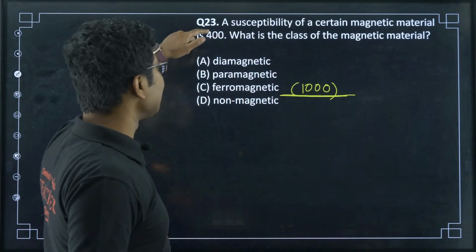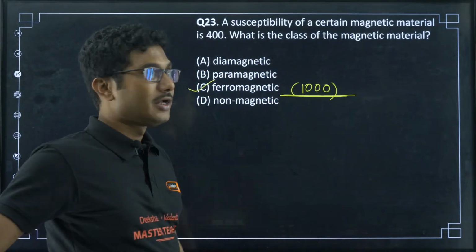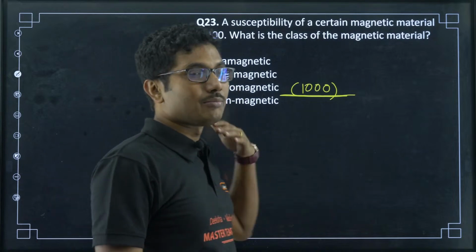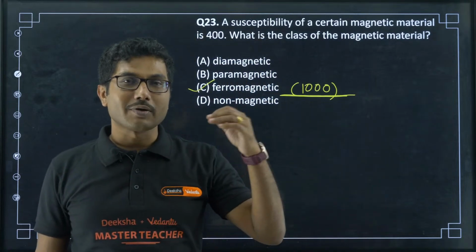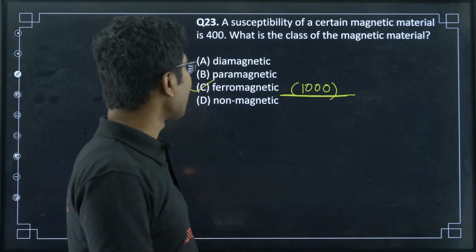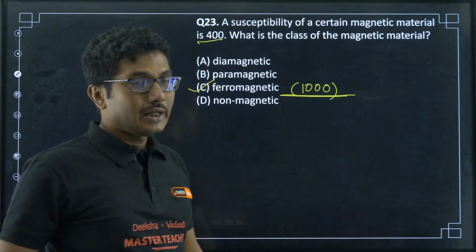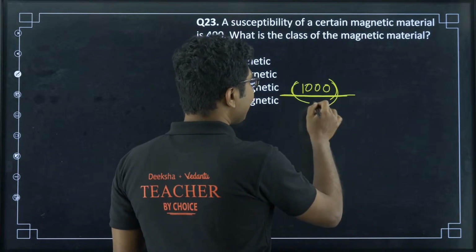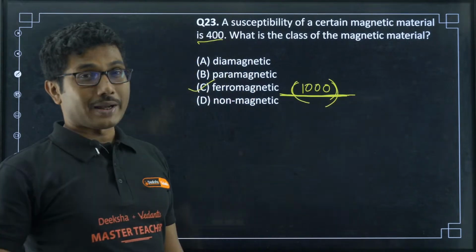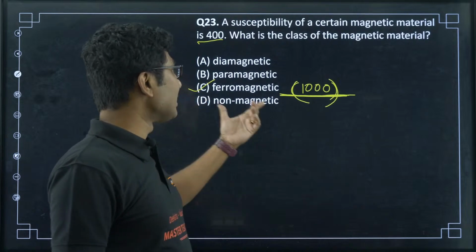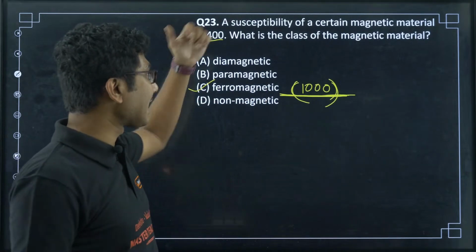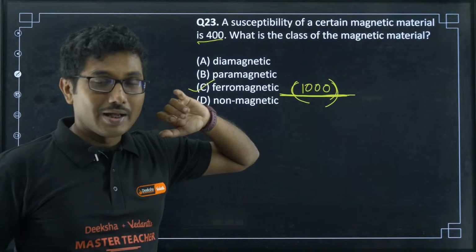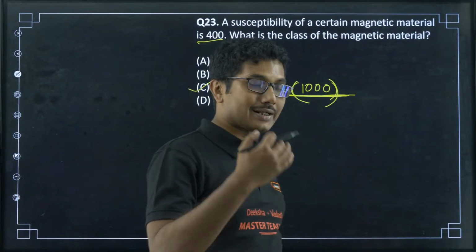In my opinion, this will be a ferromagnetic substance, because paramagnetic cannot have more than 10. The limit for paramagnetic is 10. It cannot have a value of 400. Some students quote that because the limit given for ferromagnetic is more than 1000, this must be a paramagnetic substance, but it is not actually paramagnetic either, because the limit for paramagnetic is under 10.